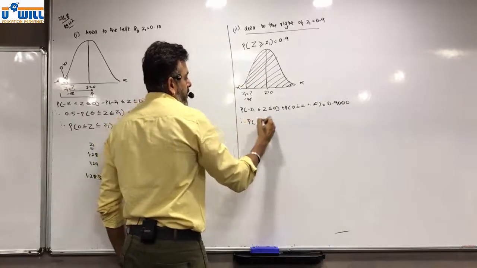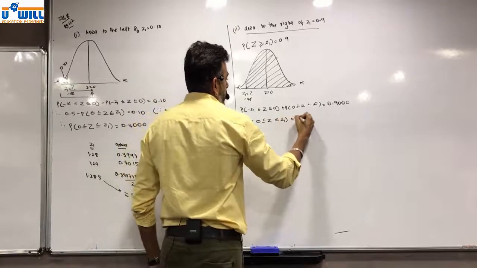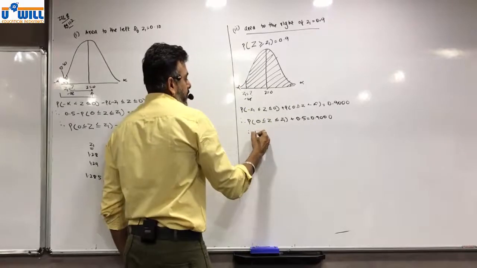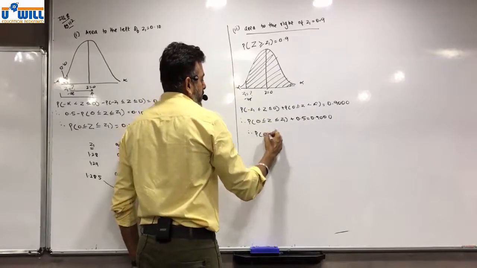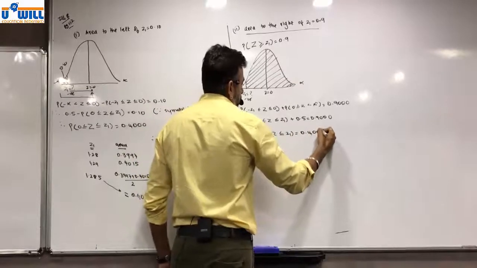Therefore, probability of Z greater than equal to 0, less than equal to Z1, plus 0.5 is 0.9000. Therefore, probability of Z greater than equal to 0, less than equal to Z1 is 0.400.